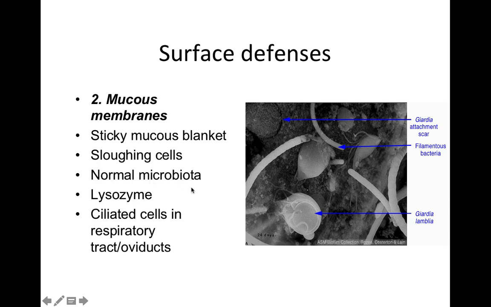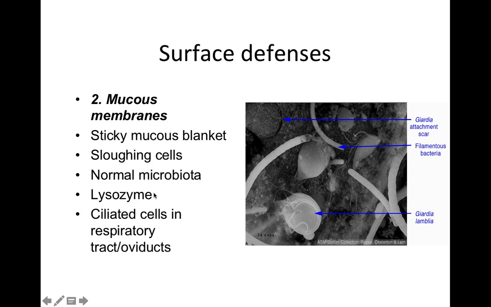Once again, you guys, we can't stress enough how important members of the normal microbiota, a little bit of an older term, but good members of the normal microbiome, the commensals and mutualists, they play such an important role in protecting us against potential pathogens.